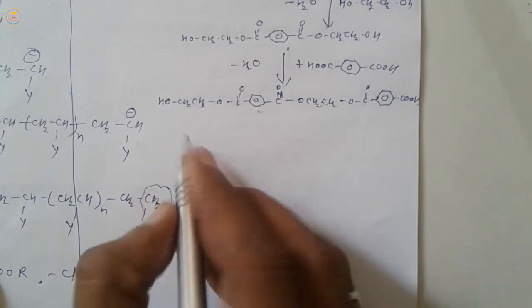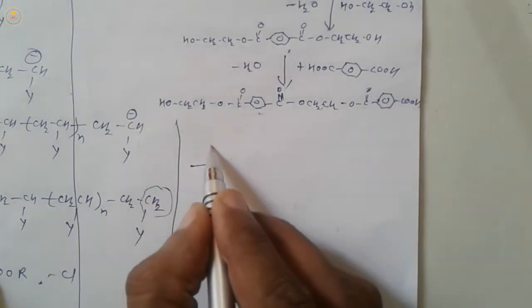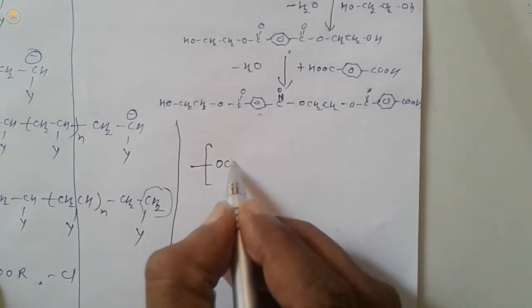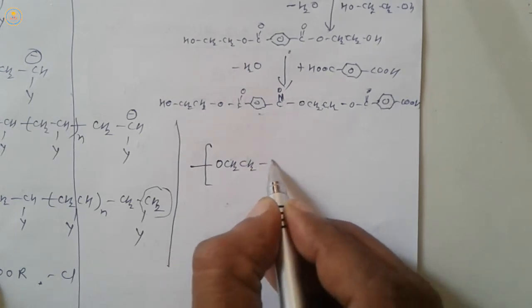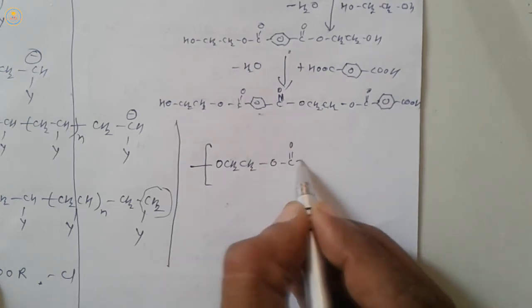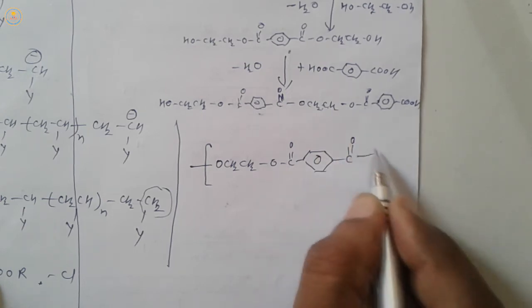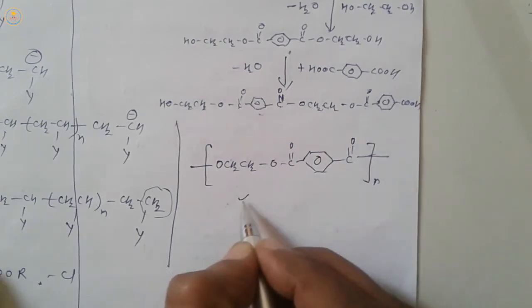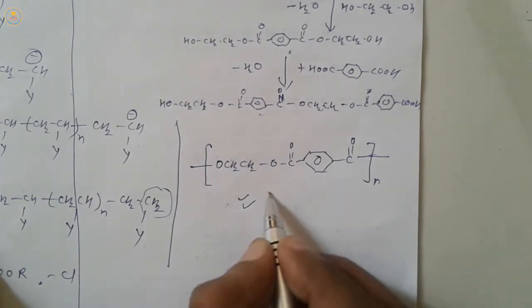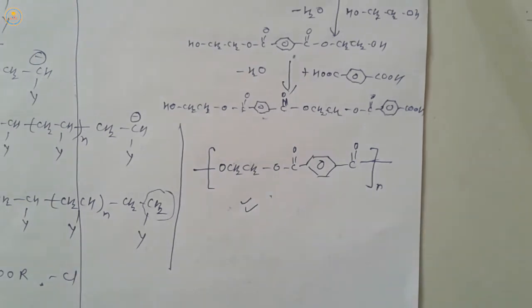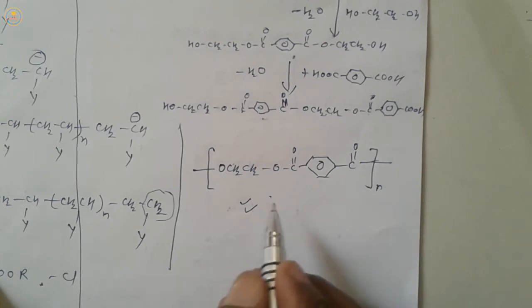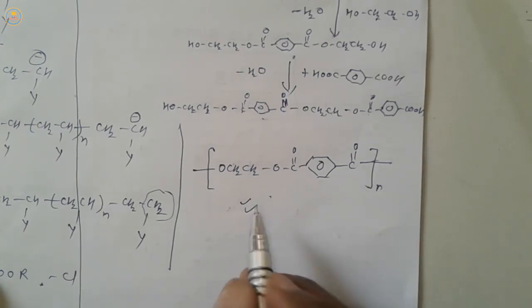So the structure of Dacron is very important. It is Dacron or terylene polyester polymer. So Dacron is an example of the condensation polymerization process.